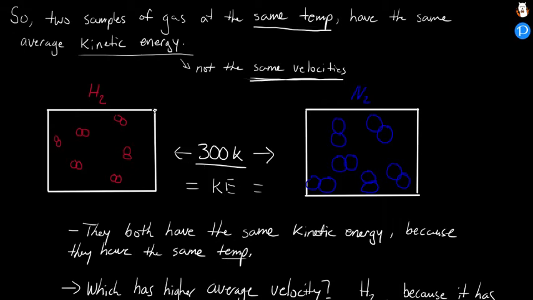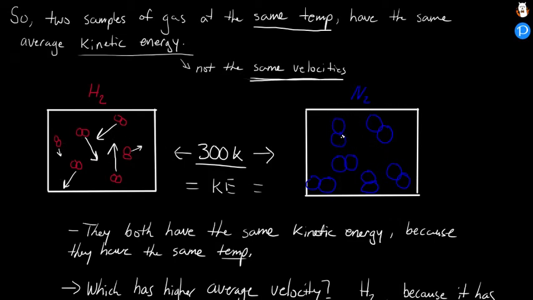So if I were to measure the average kinetic energy of this and this one, they're going to be exactly the same. But we would actually see that most of the particles in the H2 are going to be moving a lot faster on average. Some of them moving kind of slower, but most of them moving a lot faster compared to the N2.